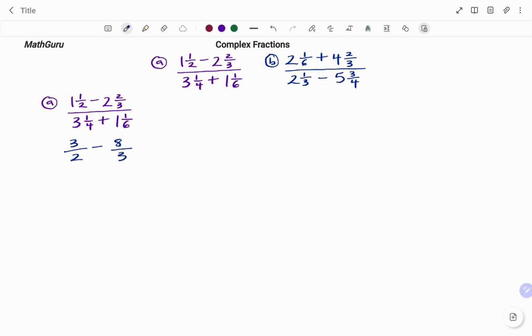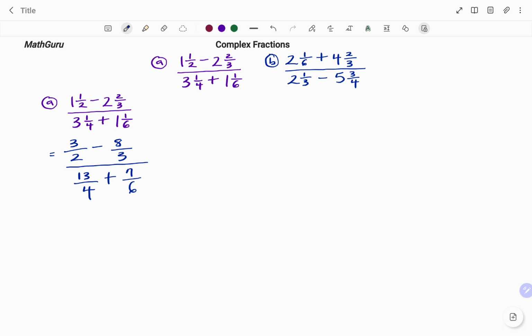So I have 8 over 3, all divided by 3 1/4, that's 3 times 4, 12, plus 1, 13 over 4, plus my last term, 1 times 6, that's 6, plus 1, 7 over 6.